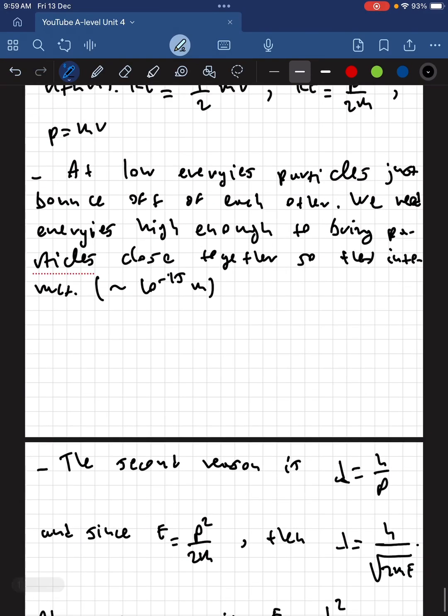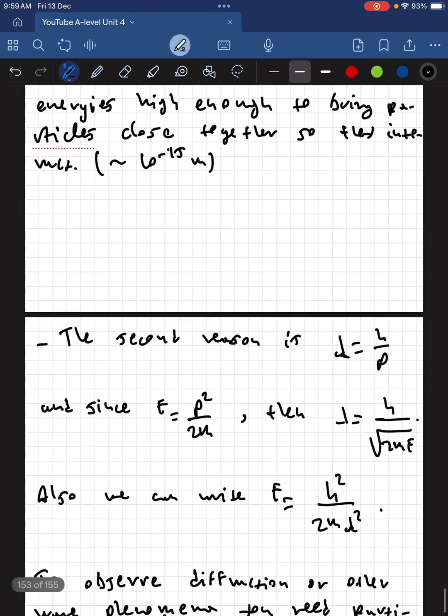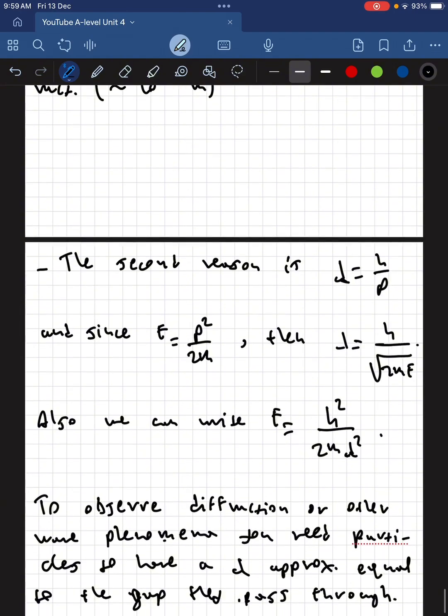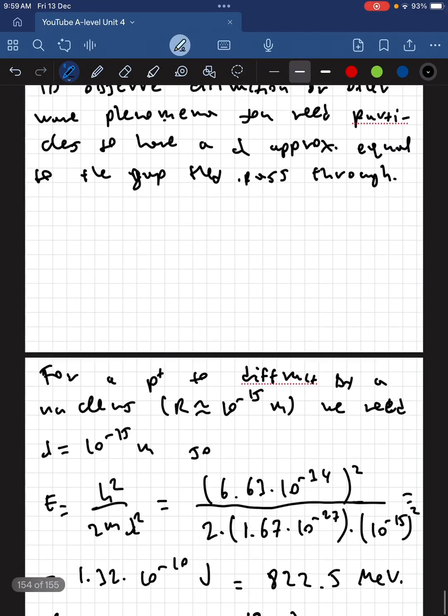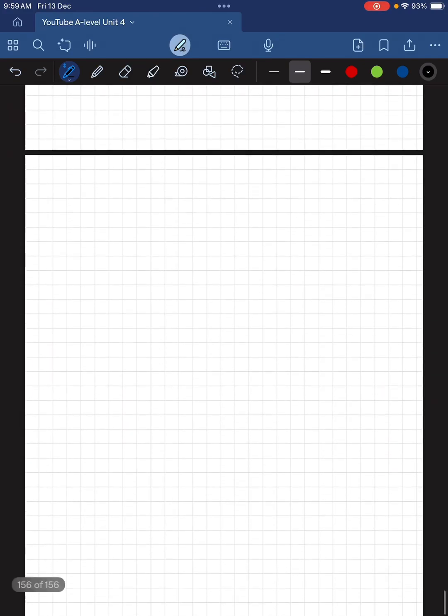That's the one reason. Or particles will have really high energy so that they come close to other subatomic particles and they interact via the strong force. Okay, so this is like a small introduction to why we need these strong machines.